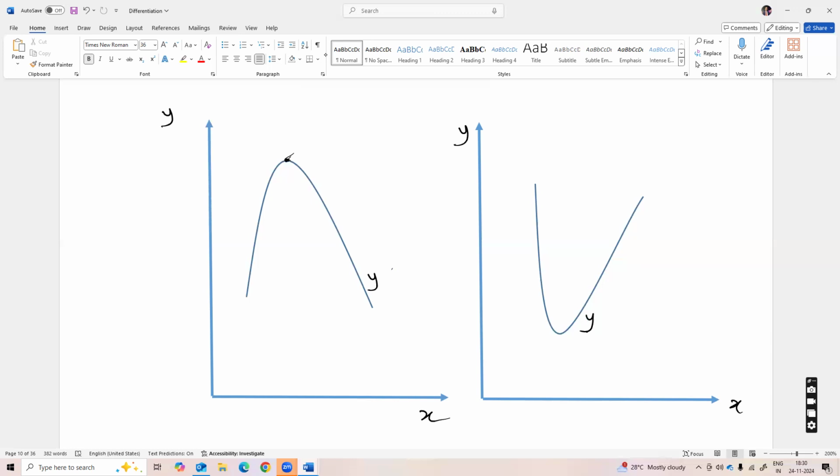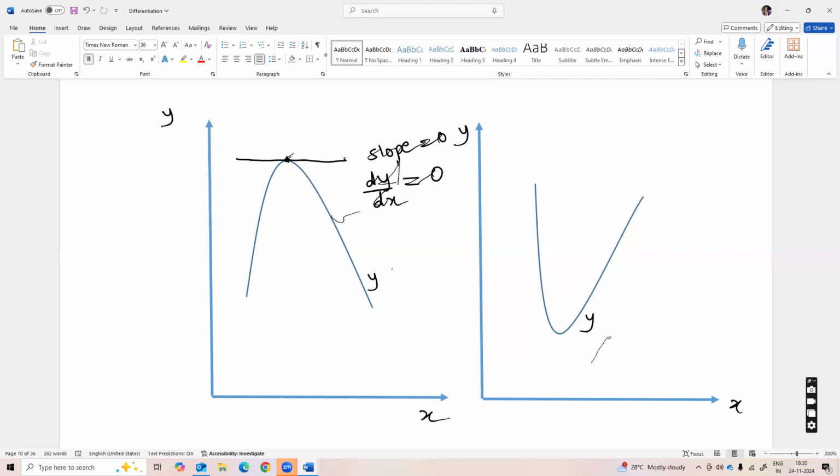And if we draw a tangent at this point, the slope of this tangent is 0. So if we consider this function y and take its derivative, since derivative is equal to slope, this derivative will be equal to 0 when the point is maxima.